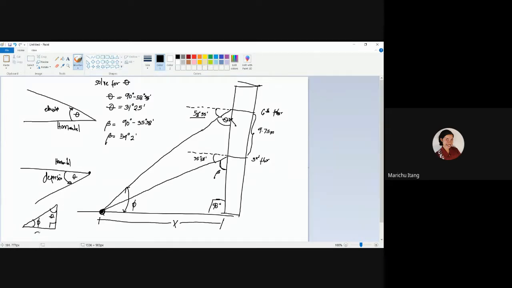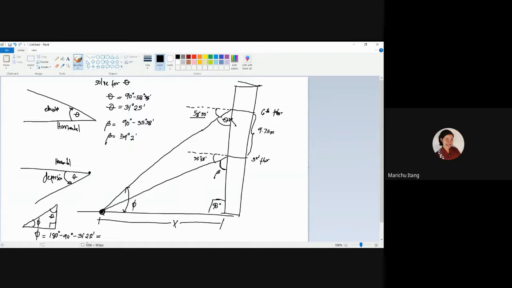So for our phi, we can solve it by 180 degrees minus 90 degrees minus 31 degrees 25 minutes. Then what is the value of phi?